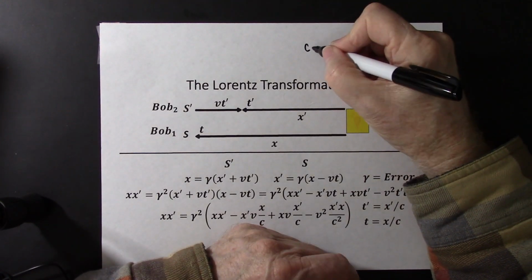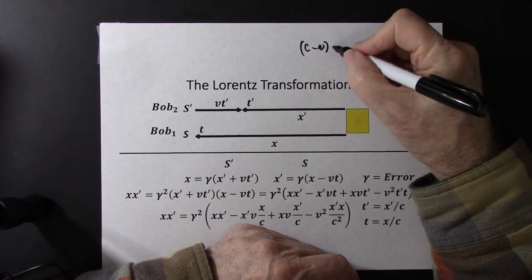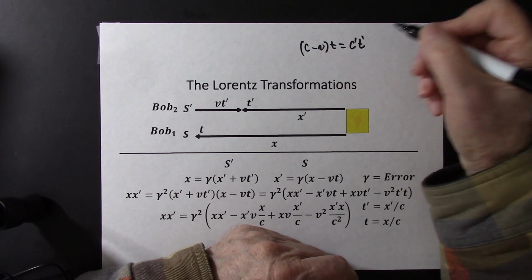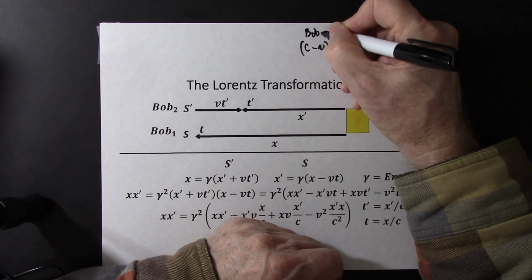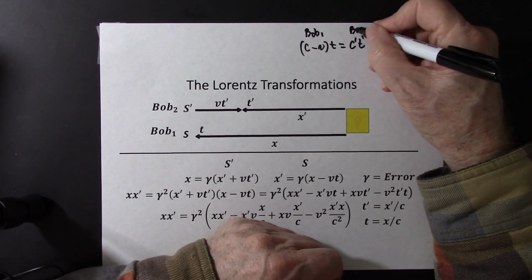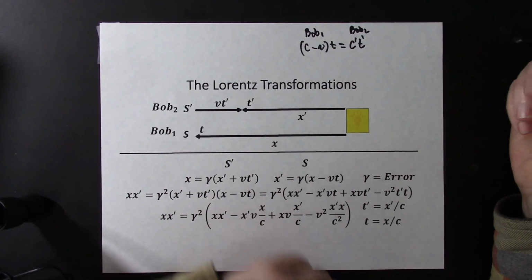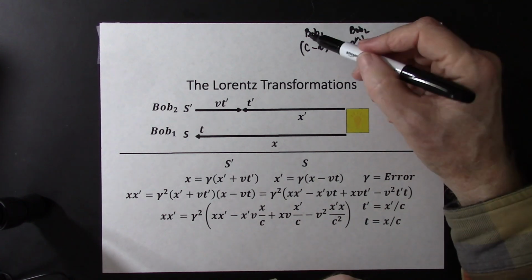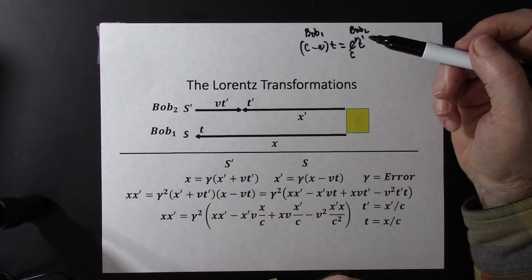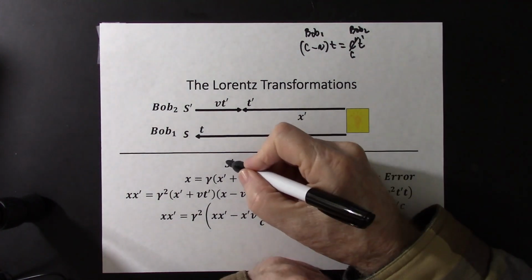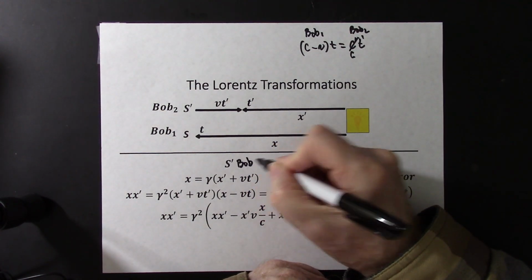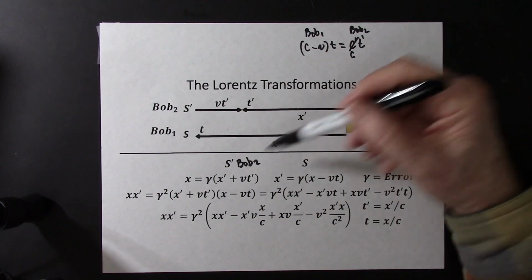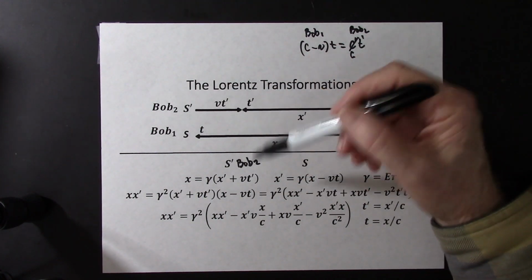Recall our formula: c minus v times t is equal to c prime times t prime. This was Bob 1 from his perspective, and this is Bob 2, moving, stationary. If it was true that c prime had to equal c, then one of the two twins was measuring time incorrectly. From Bob 2's perspective, x, this distance here, is equal to x prime plus vt prime, measured on Bob 2's clock.